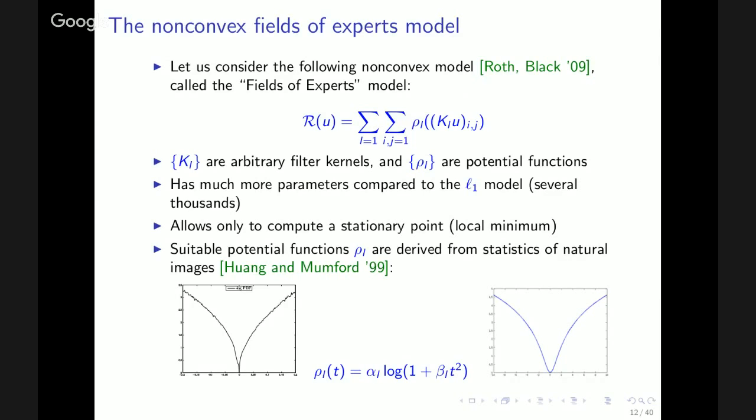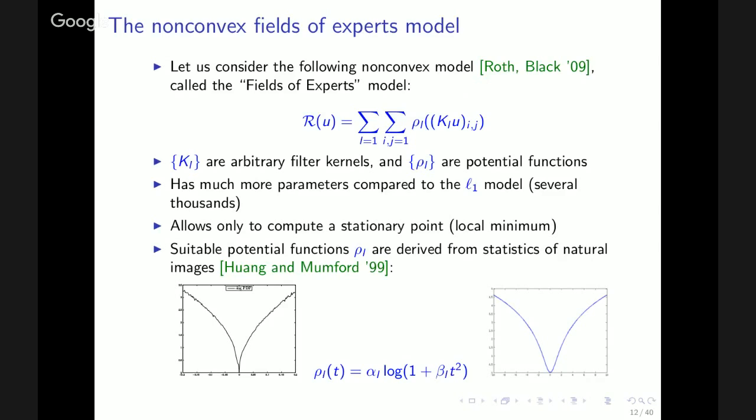First of all, the regularizer is now a sum of more free potential functions. Before, rho was just the L1 norm, but now this function rho_L is derived from the statistics of natural images. When you, for example, take arbitrary zero mean filters applied to natural images and you draw the statistics from the responses, you typically see this type of curves.